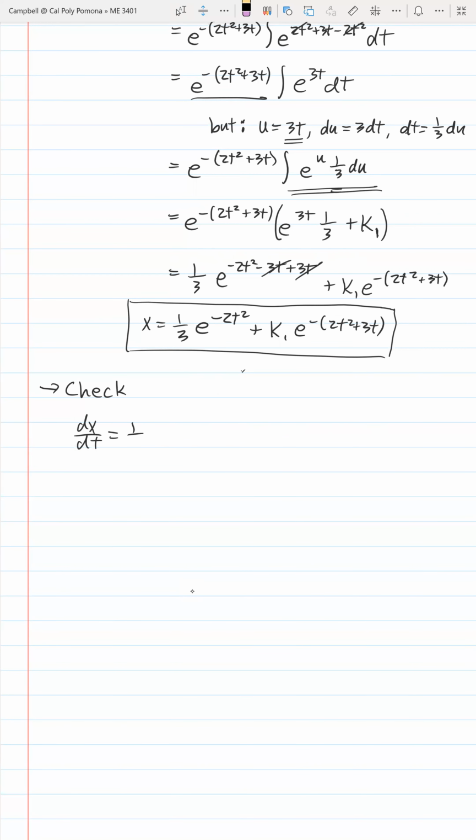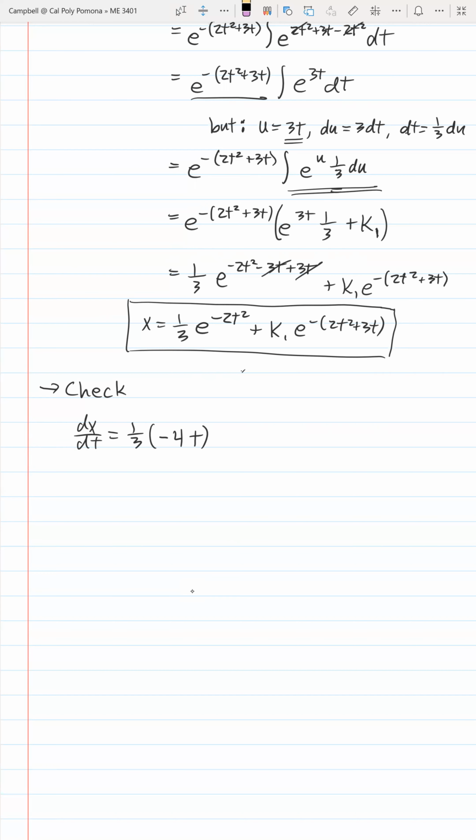So here we get a 1/3, and then of course we have the derivative of the argument to the exponential function that comes down as well. So we get a negative 4 times t, because the t squared becomes 2t when we take the derivative.